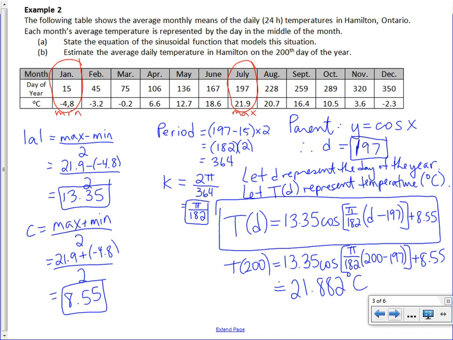Does that actually make complete sense when you think about it? If the 197th day was this temperature, it makes sense it's slightly less. But we're still really close to that max temp location. Okay? Make sense, everybody? So that's from data, how you would do a question like this.